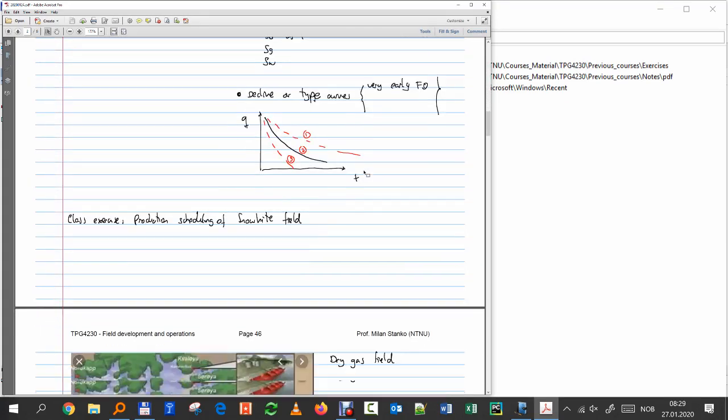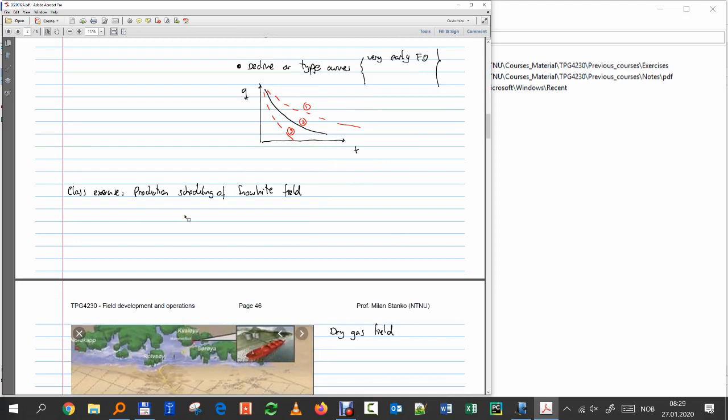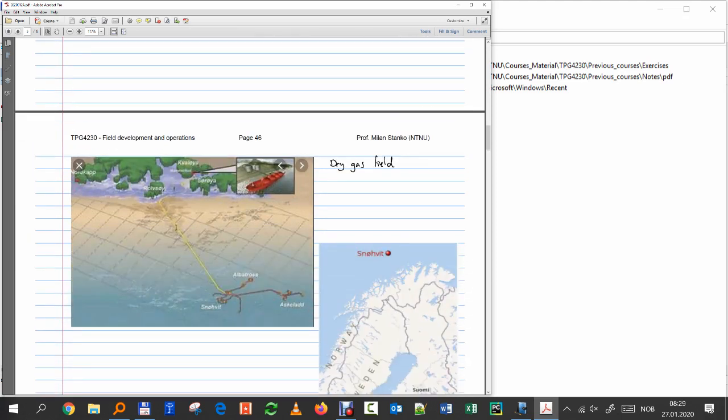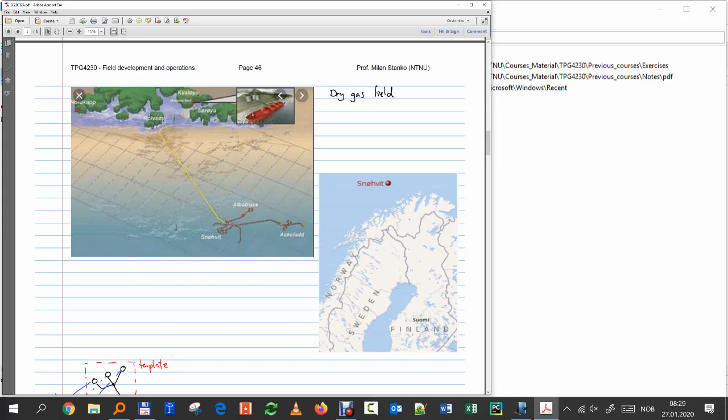Then we were working on this exercise of the Snøhvit, a field located quite far north. I'm not sure, I think it's still the farthest north in Norway. Goliath, I think, is a bit south.